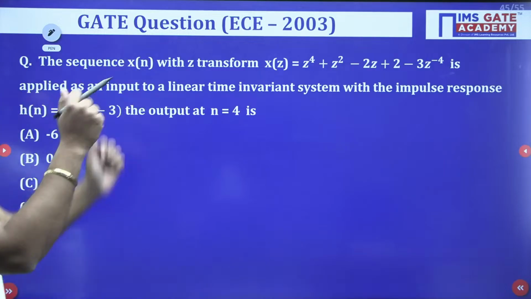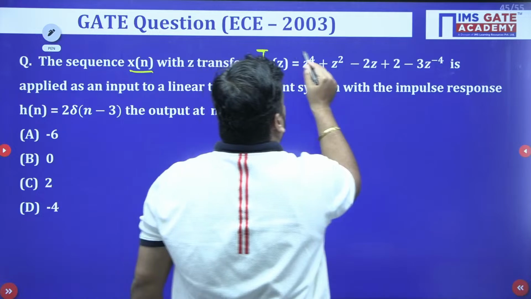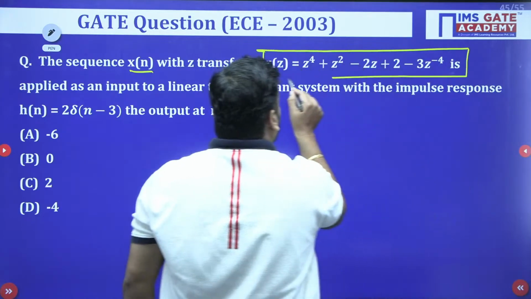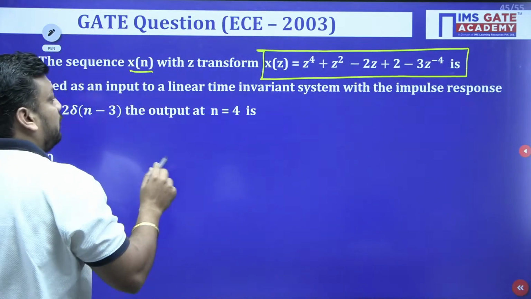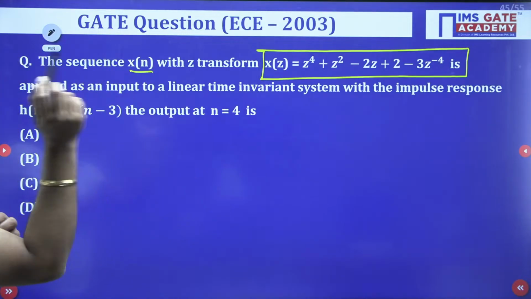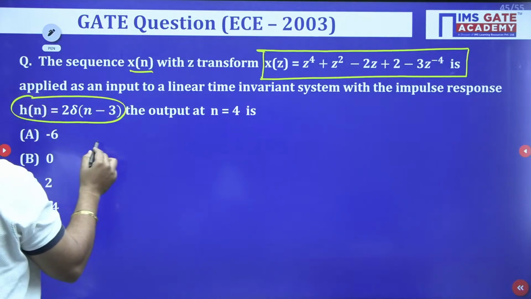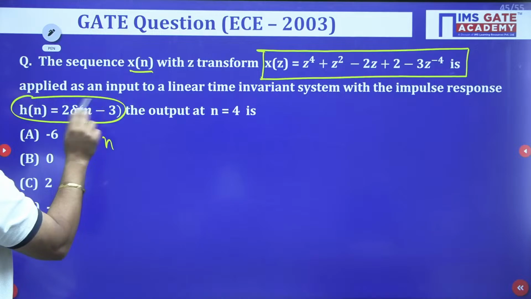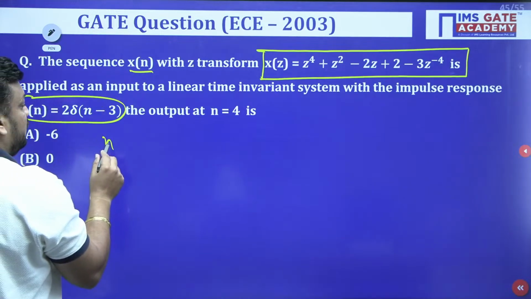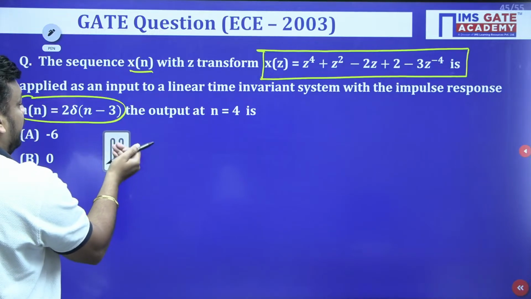So tell me, the sequence x[n] having the z transform X(z) like this. This is X(z). If this X(z) is given and applied as an input to a linear time invariant system with impulse response h[n], where h[n] is 2 delta[n minus 3], then what is the output?